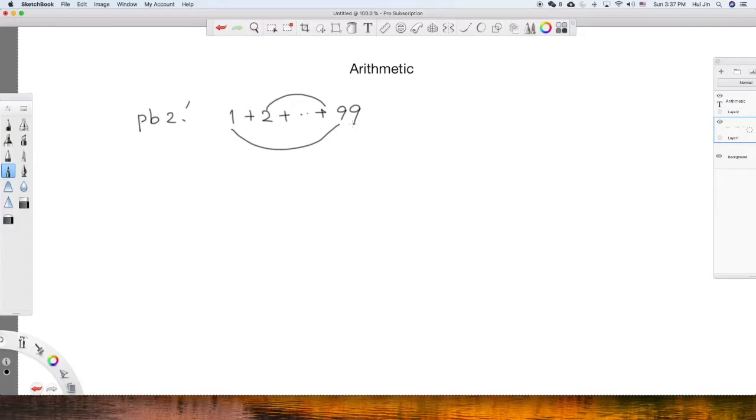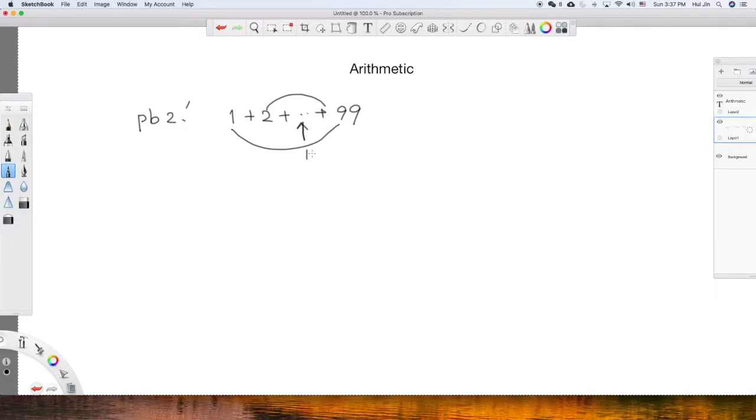Because this is an odd number of terms in this sum, there will be one term remaining. And what's the term remaining? The term remaining will be 100 divided by 2, the middle term, somewhere in the middle, right?